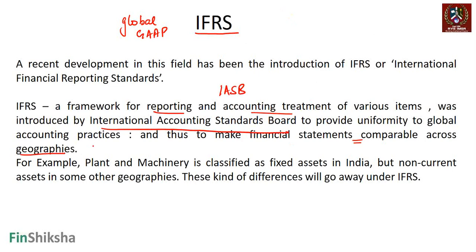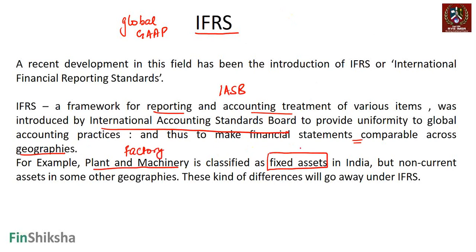So far, we were looking at only comparing statements within India. Now we are looking at comparing statements between India, US, UK, etc. And that is what becomes more important when we look at our overall data point, right? So, for example, historically, plant and machinery used to get classified as what is called a fixed asset. What is plant and machinery? Basically, any factory that is there.